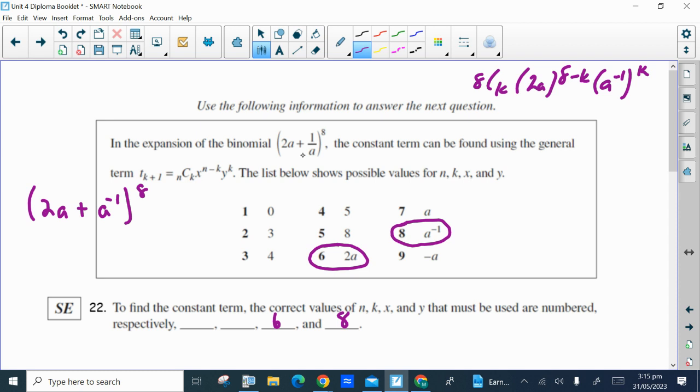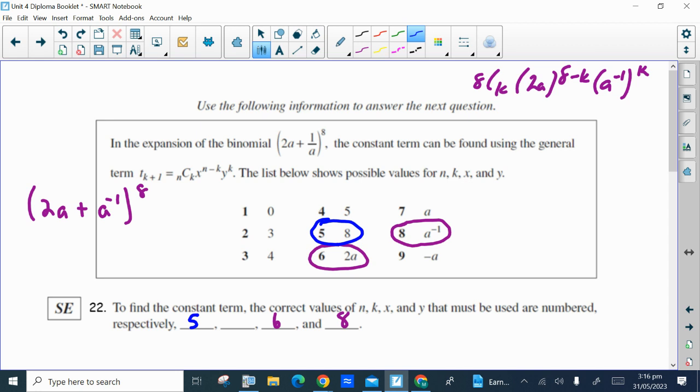It shows the possible values. Yeah, n is 8, which is coded number 5. So the only thing we have left to do now is to figure out what the k value is. And the k value will be the value that gives us a power of 0 on the a's.